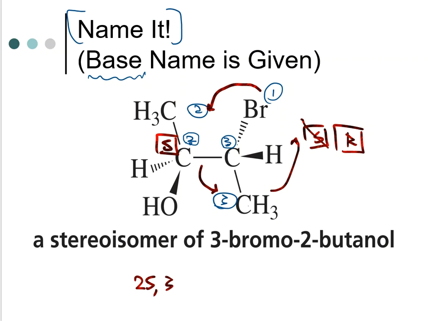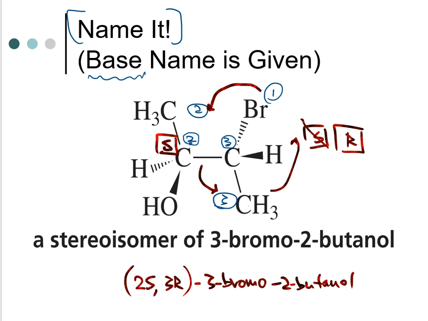On the third carbon, I have the R rotation, stereochemistry-wise. Therefore, I put that in parentheses, and then I write 3-bromo-2-butanol as a name for that structure. That's how we answer problems like that. Okay?